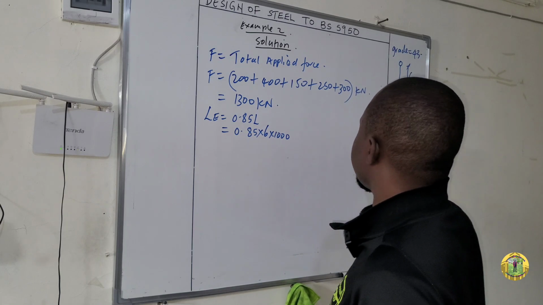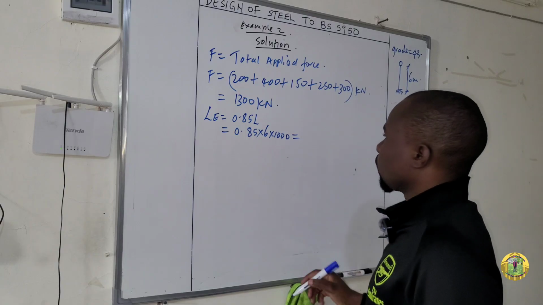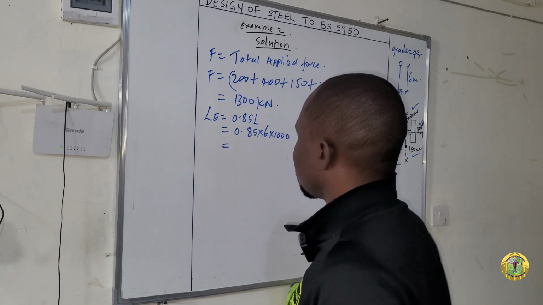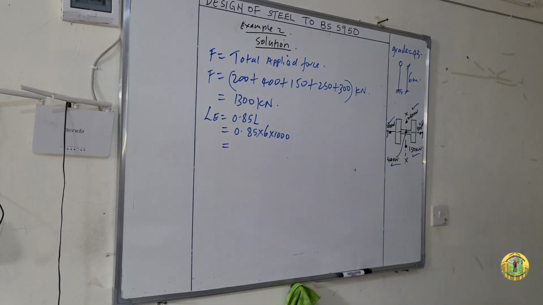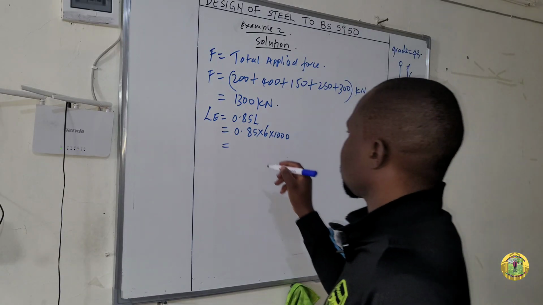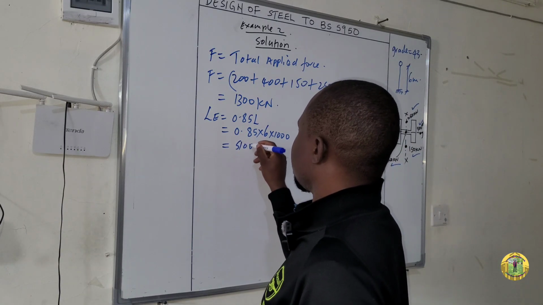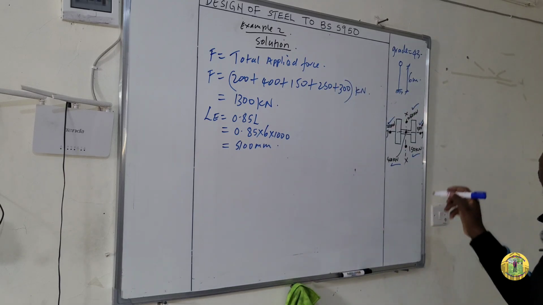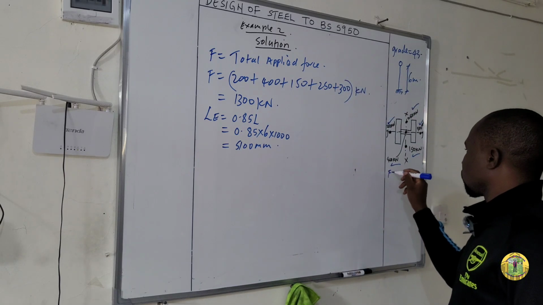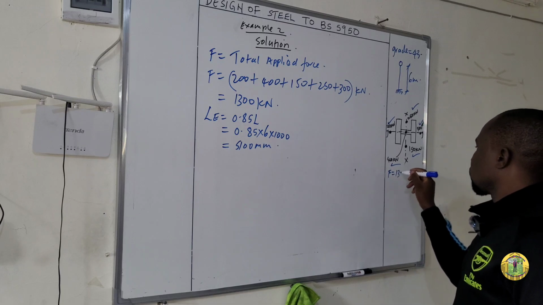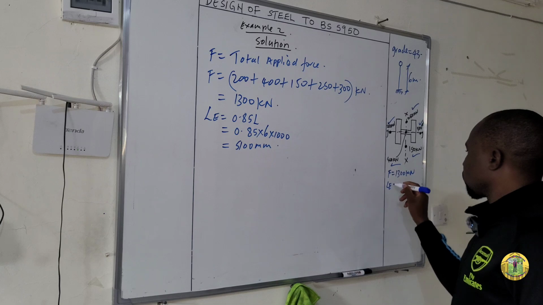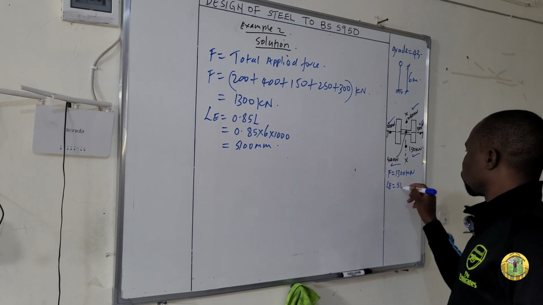You change from meters to millimeter, and this will be 5100 millimeter. So you can come here and say F is equal to 1300 kilonewton, then LE is equal to 5100 millimeter.